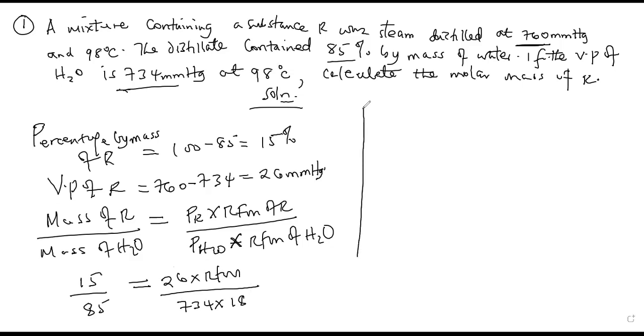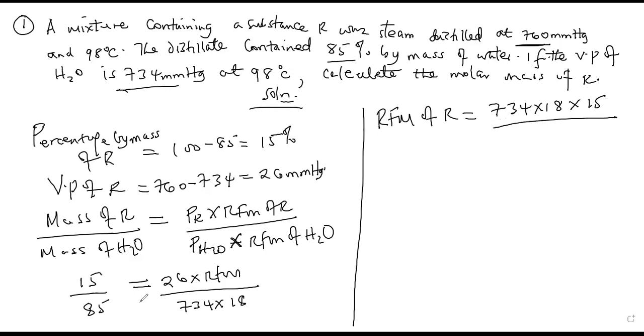Now, this one can get you the answer as RFM of R equals, we are making RFM the subject, so we shall cross multiply 734 times 18, then times 15, and we shall divide by 26 times 85.